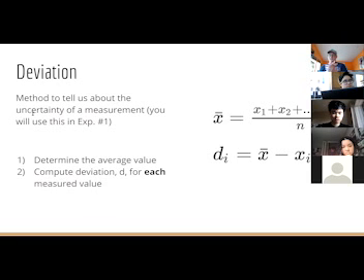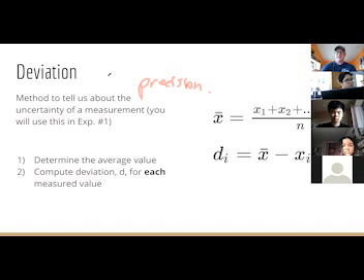Now, deviation is something we're going to be calculating today. Deviation just means, with every measurement I take, how far is it from the mean or the average? This gives you an idea of precision. The less deviation you have, the more precise your measurements are.